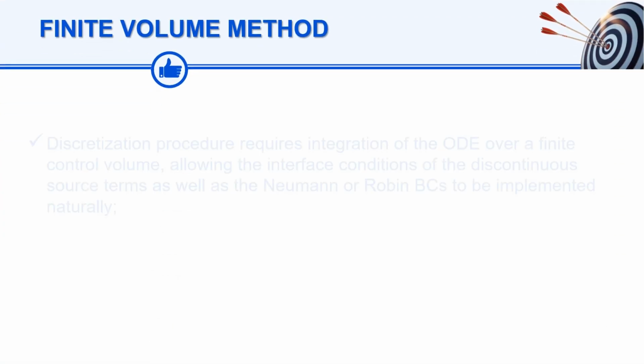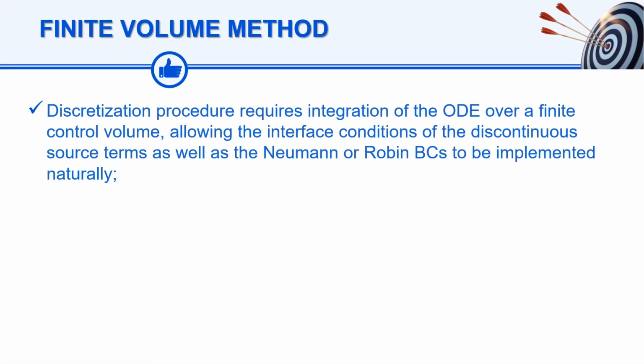The advantages of the finite volume method are: the discretization procedure requires integration of the ordinary differential equation over a finite control volume, allowing the interface conditions of the discontinuous source terms, as well as the Neumann or Robin boundary conditions, to be implemented naturally.